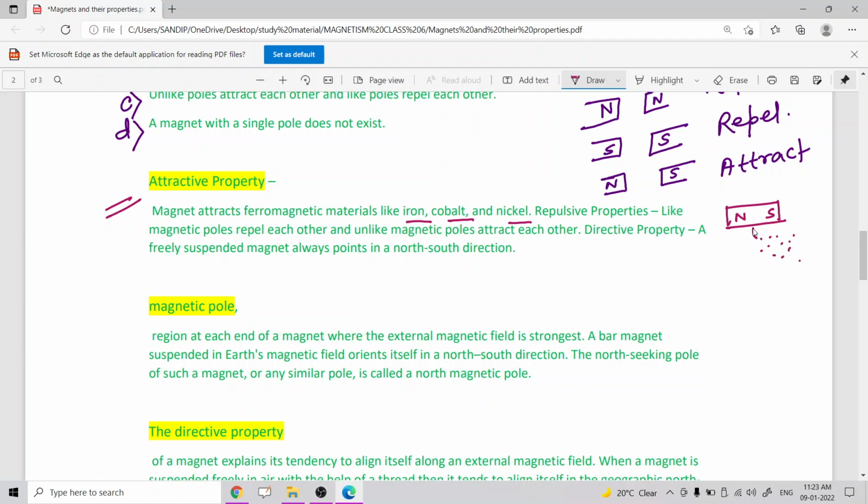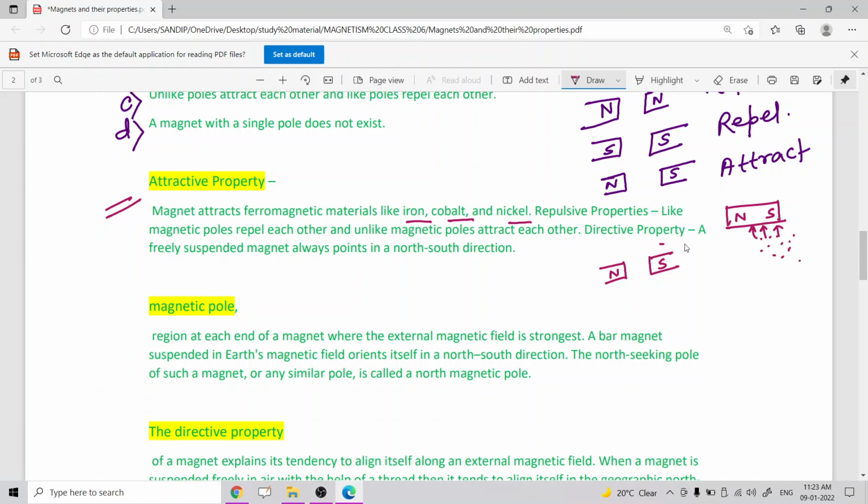Also, if we take two unlike poles, one north and one south, as already discussed, they attract each other. In this case, this property is called the attractive property.